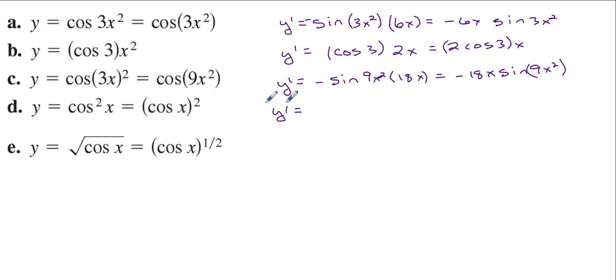Derivative of the outer function would be 2 cosine x to the first power times the derivative of the inner function, negative sine x. And so we could rewrite that as negative 2 cosine x sine x. Sometimes people put sine before cosine. Doesn't really matter, I don't think.